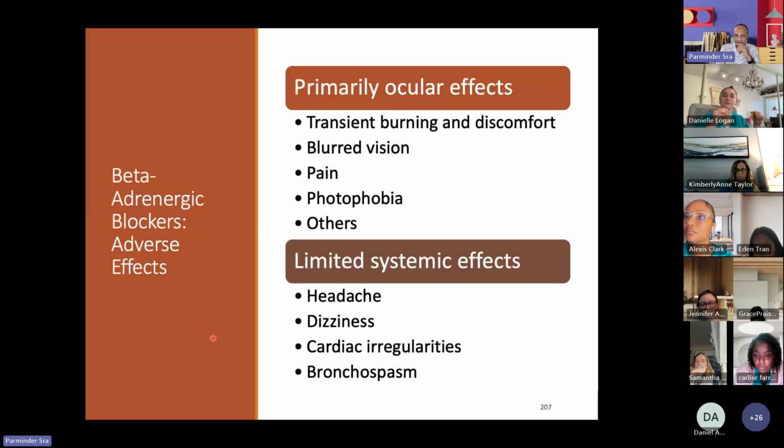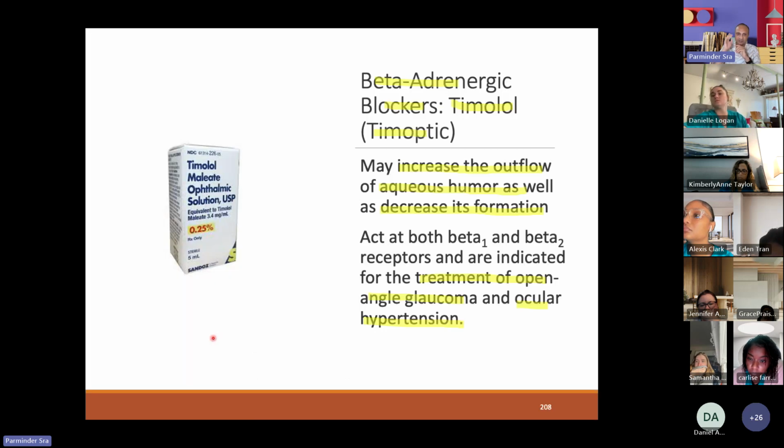As for adverse effects, once again, I'm not worried much about it, just the local effects, if there are any, not severe. Once again, timolol is one of the most common ones used here, and it's important to know its mechanism of action, decreasing the production of aqueous humor and increasing the outflow of the aqueous humor.